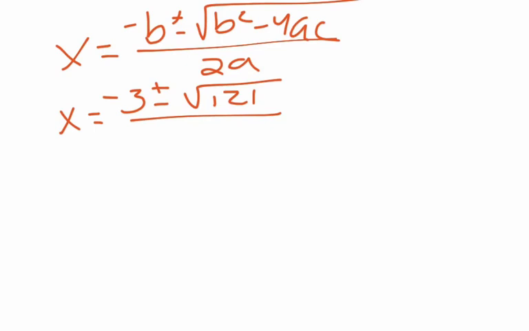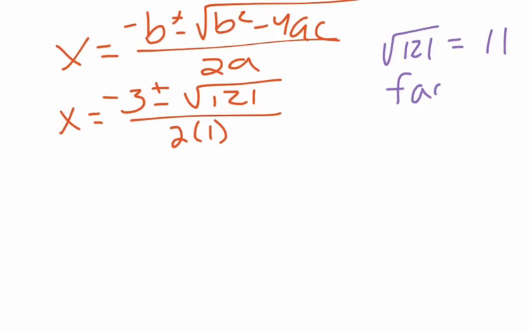And then this will be over 2 times 1. Now notice that the square root of 121 is equal to 11. And that means it's a perfect square. 121 is a perfect square. So that means that this equation was factorable and we didn't really need to do it with the quadratic formula, and under normal circumstances you probably wouldn't.